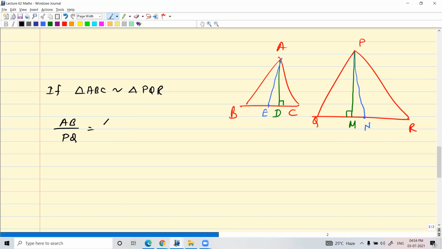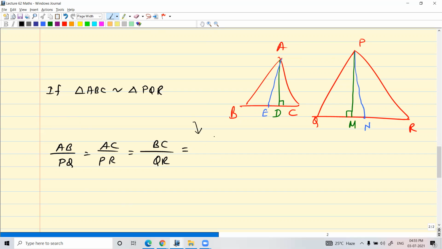AC by PR, equal to BC by QR, equal to AD by PM.